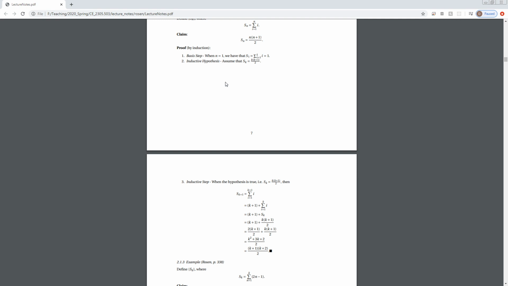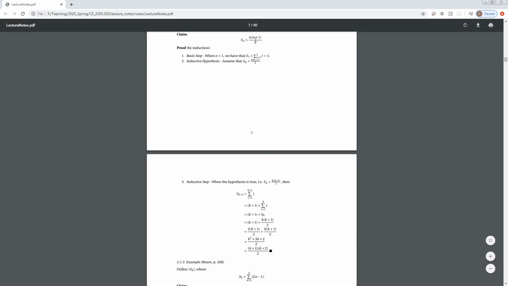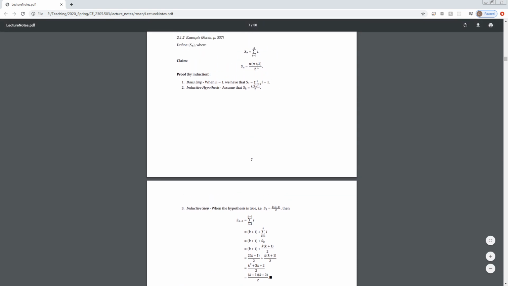And so the combination of that basic case and the ability to count forward proves it for all of the natural numbers.